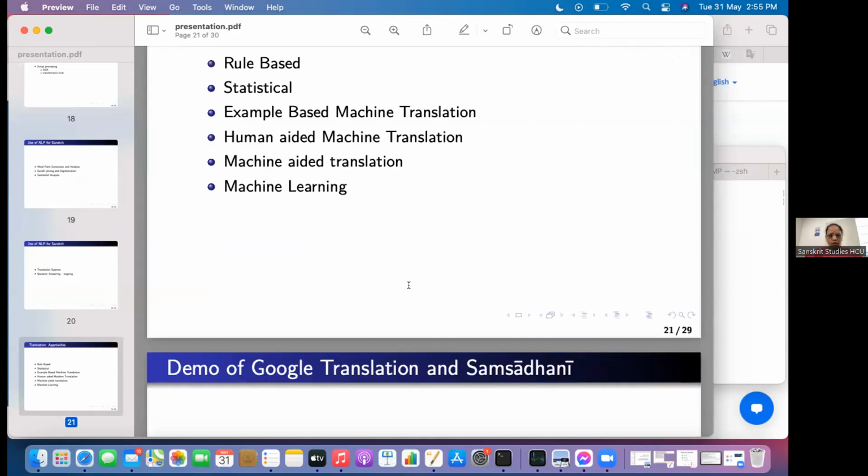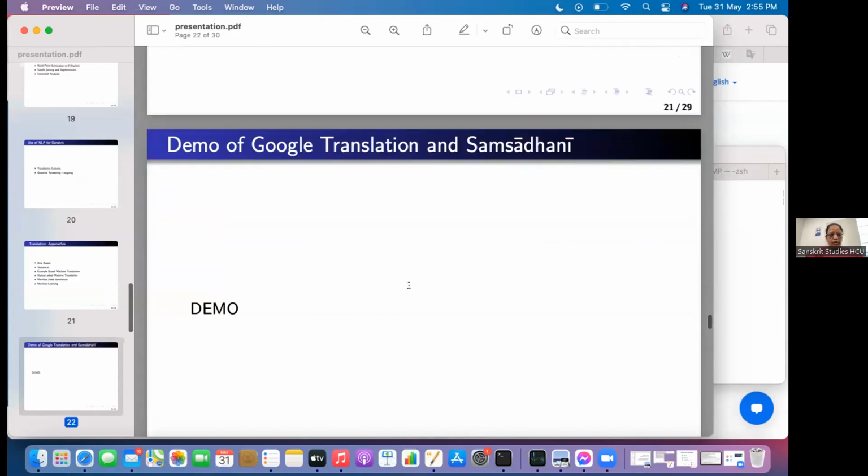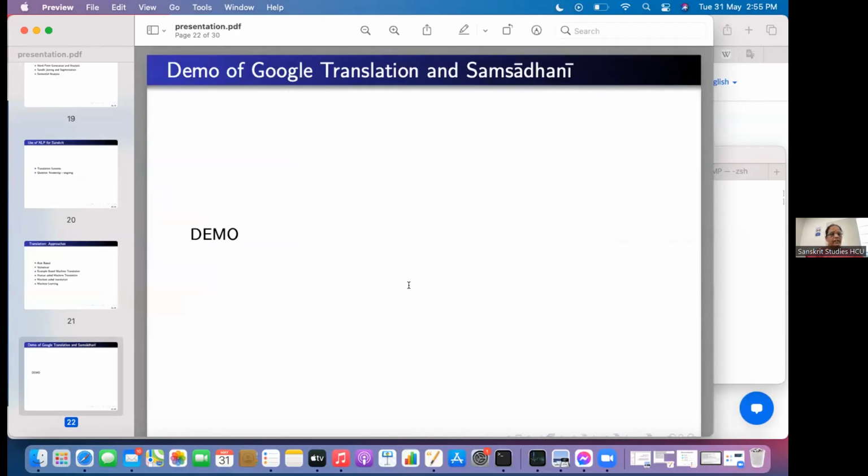I will show some demonstrations of both the Google translation, and we have an inbuilt system developed at University of Hyderabad, which we call Samsadhani. So I will show you a demo of both these translations, and then we will see what are the pros and cons, what are the advantages and disadvantages of both these approaches.